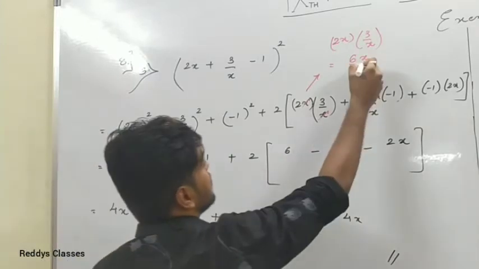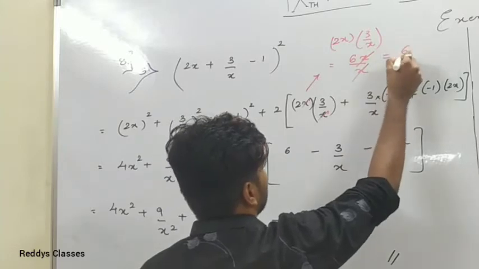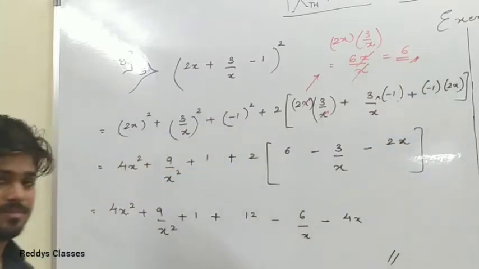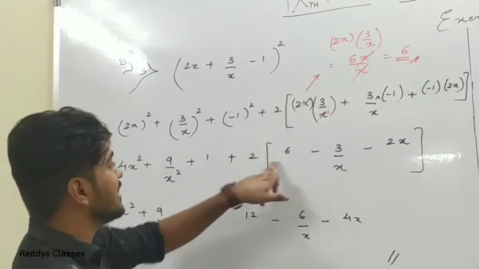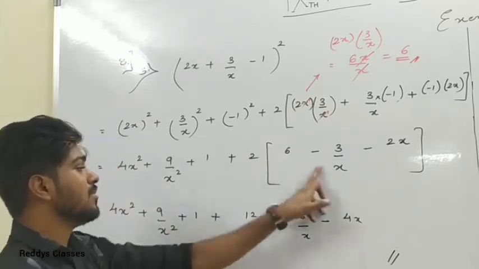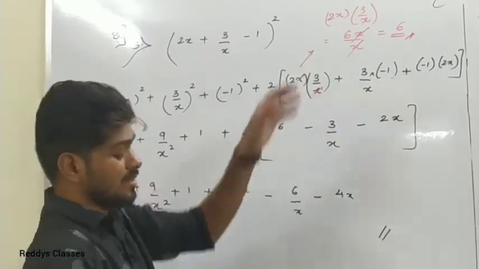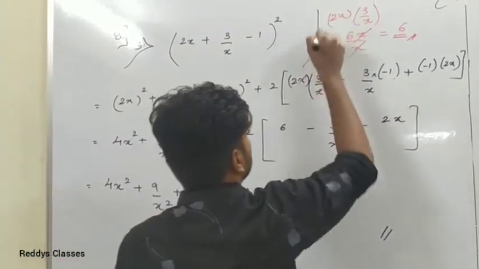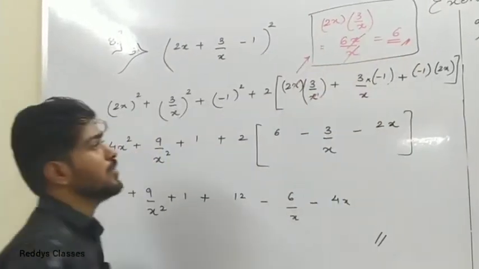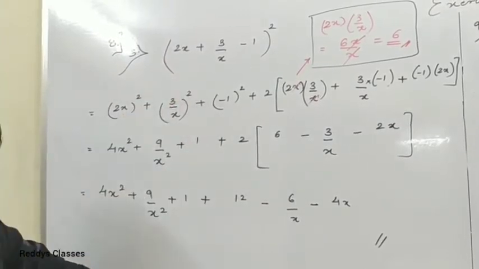So this x and this x get cut, we have the value as 6 here. So let us see, we have 2 6s are 12 plus minus 2 3s are 6 upon x, and so on. Okay, see, this is the solution for this term. So here we complete question number 8, first and third sum.